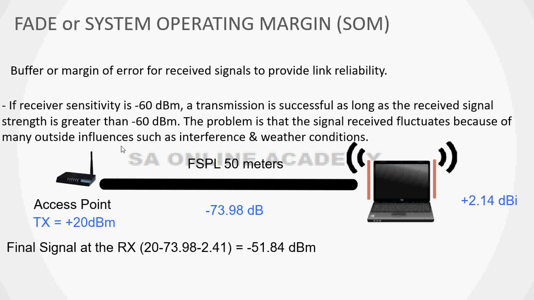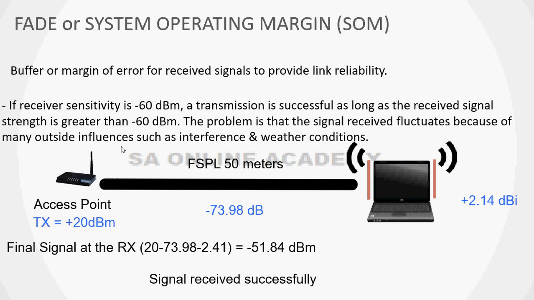Then the total final signal at the receiver is minus 51.84 dBm. Now your receiver sensitivity is minus 60 dBm. Here the received signal is minus 51, so it's higher than your receiver sensitivity. As it is higher than your receiver sensitivity, the signal is received successfully.